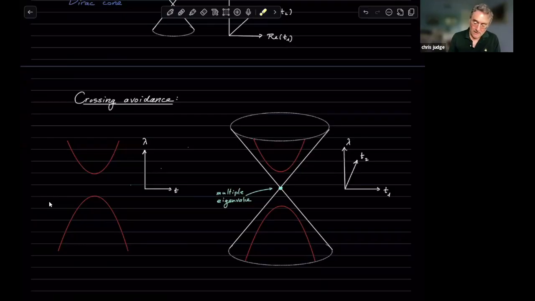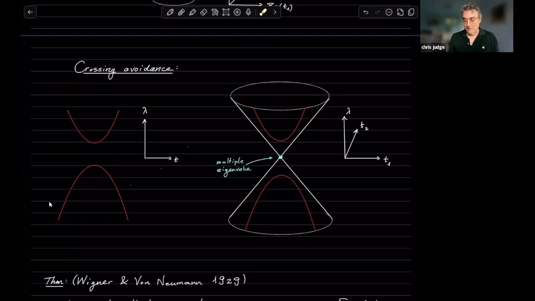So if I choose a particular plane, I fix T2 to be equal to some constant and then I vary T1, then I'm taking a conic section. And when I take a conic section with a vertical plane, I'm going to see this picture.